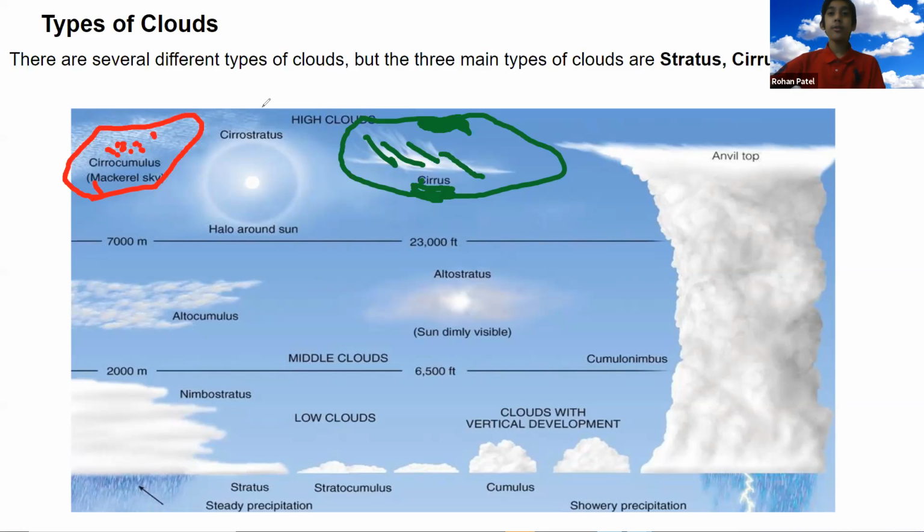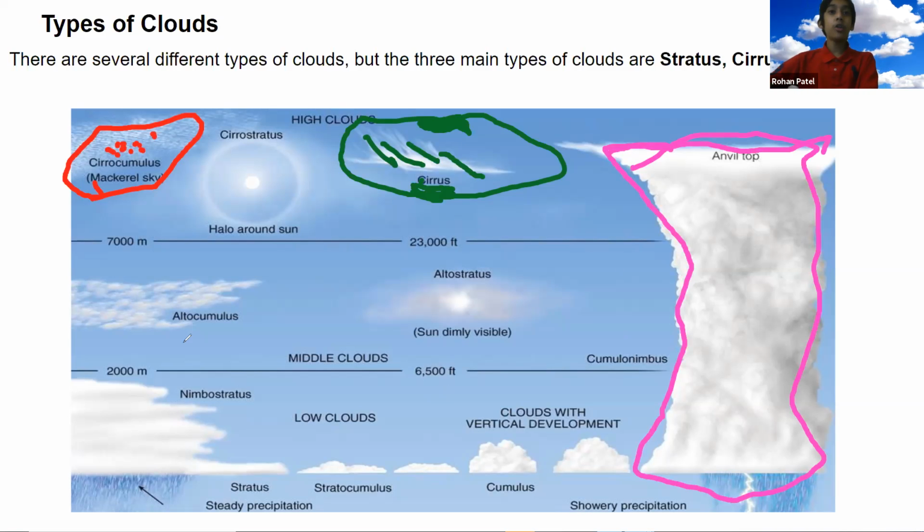Now, the middle clouds, our first one is our cumulonimbus. This is a big fat cumulonimbus. It's pretty big. Now, why? Because it can be in all layers, in all levels, but I'll talk more about it in our next slide.